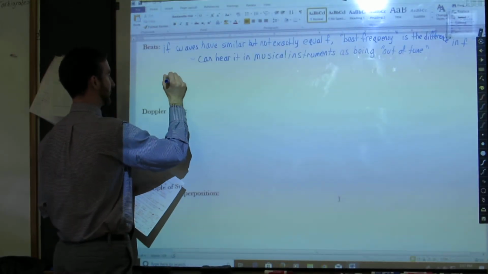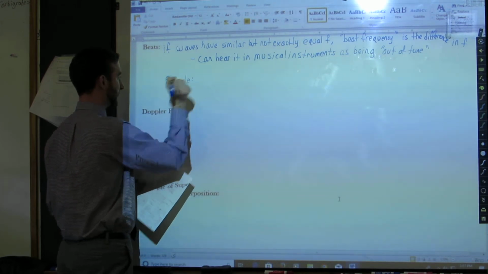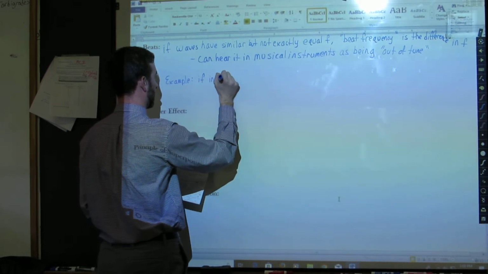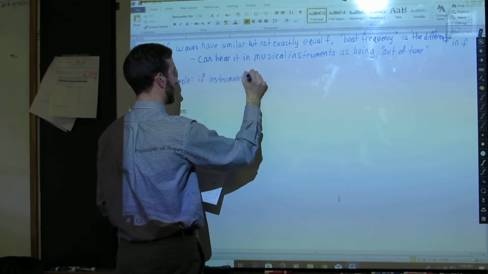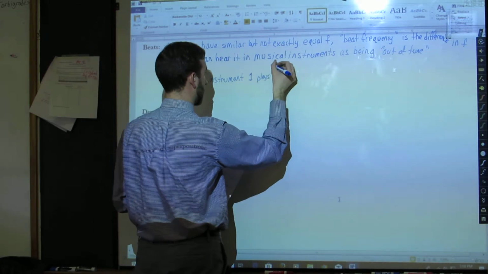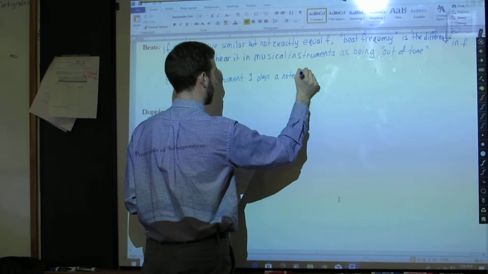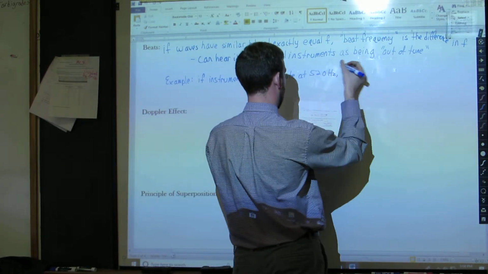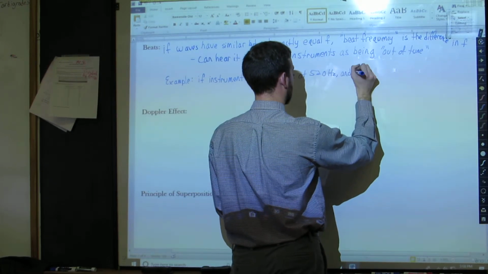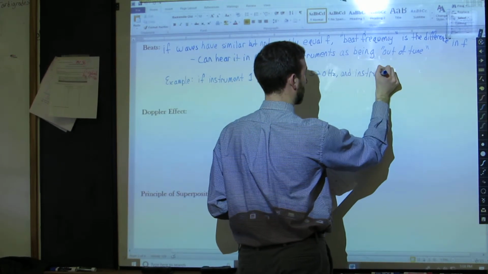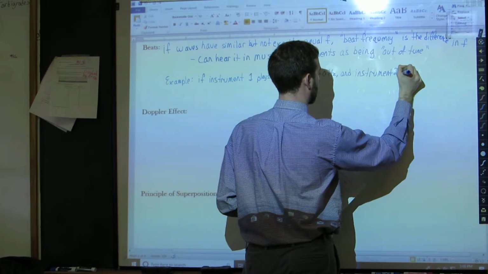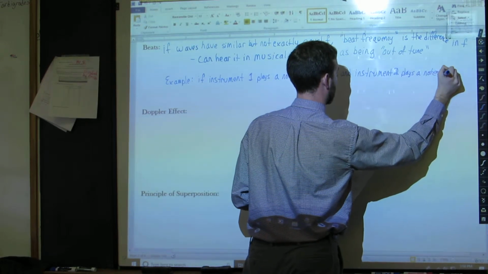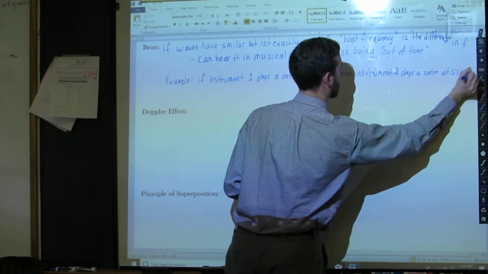So let me give you an example. Let's say instrument 1 plays a note at 520 hertz and instrument 2 plays a note at 516 hertz.